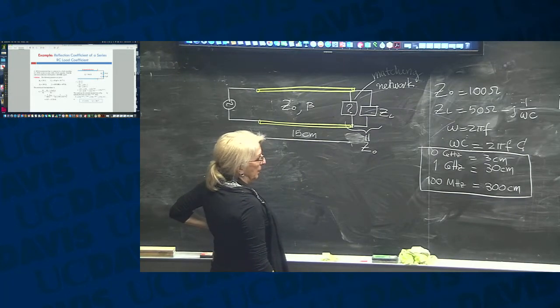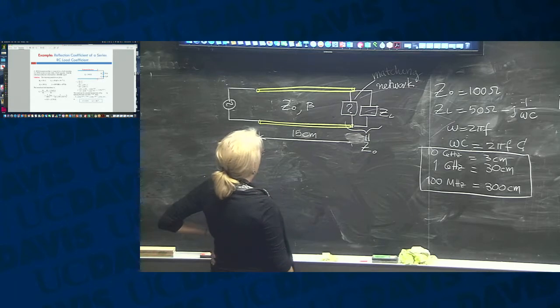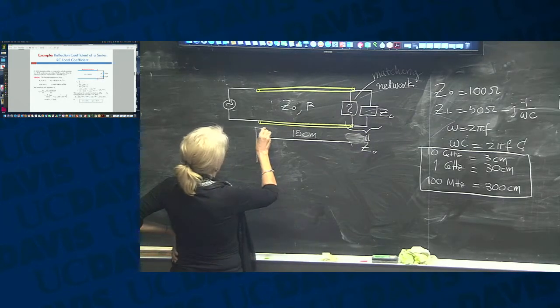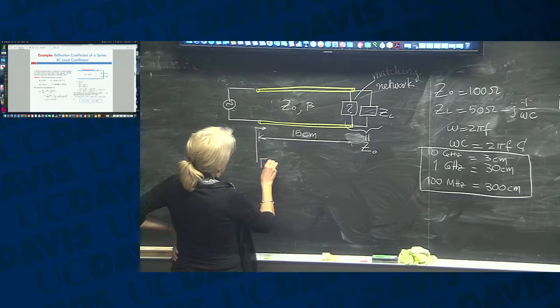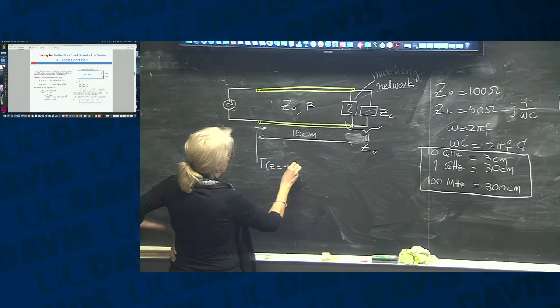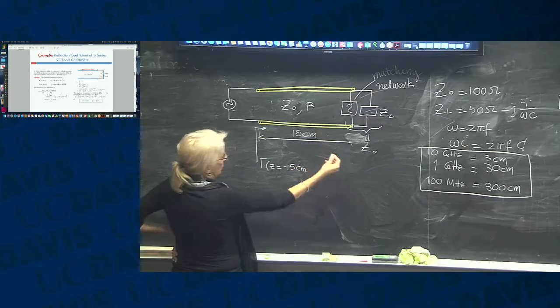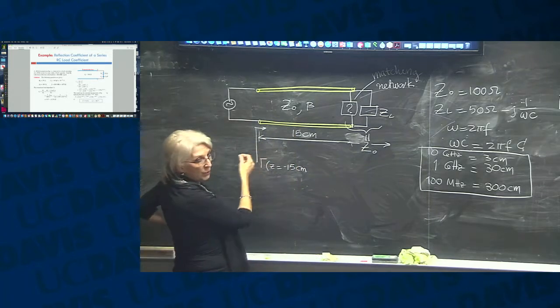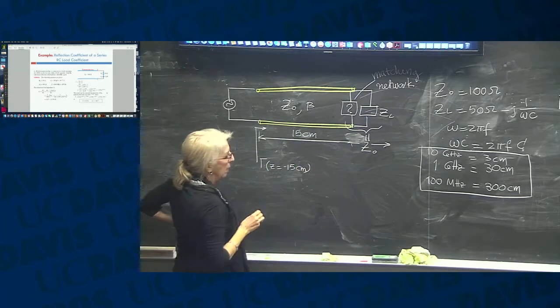So I would like then for you to find me the reflection coefficient at this point, at z equals minus 15 centimeters. Because you remember z goes this way, and the values go negative here. How are we going to do that?